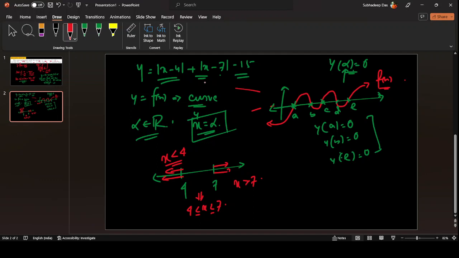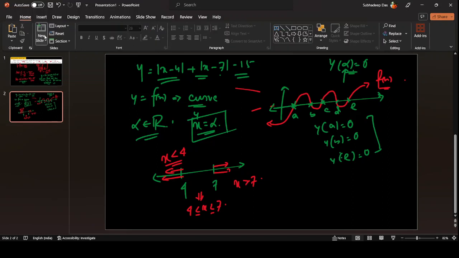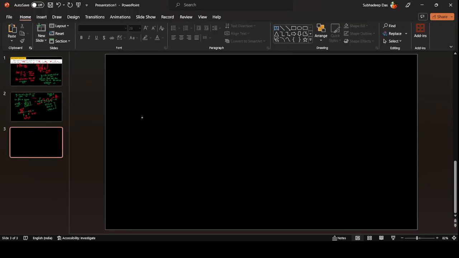So we'll break this function into three regions and check how the function acts. Okay, so we consider a new slide. Let's write it down.